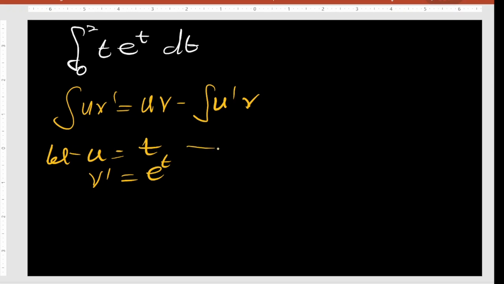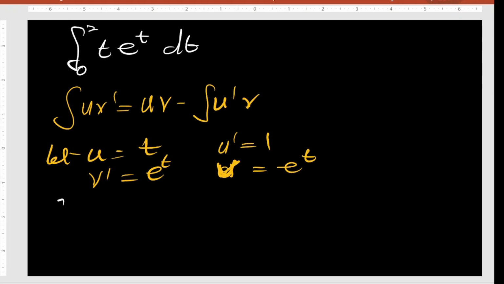This will mean if u is equal to t, then u derivative is equal to 1. And if v derivative is e exponent t, then v, when we integrate this, we'll still get e exponent t. Let's proceed. Now we'll throw these into the formula.